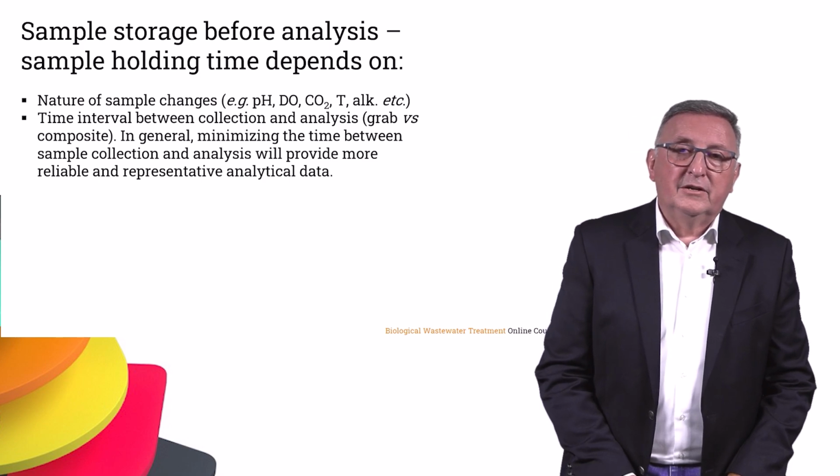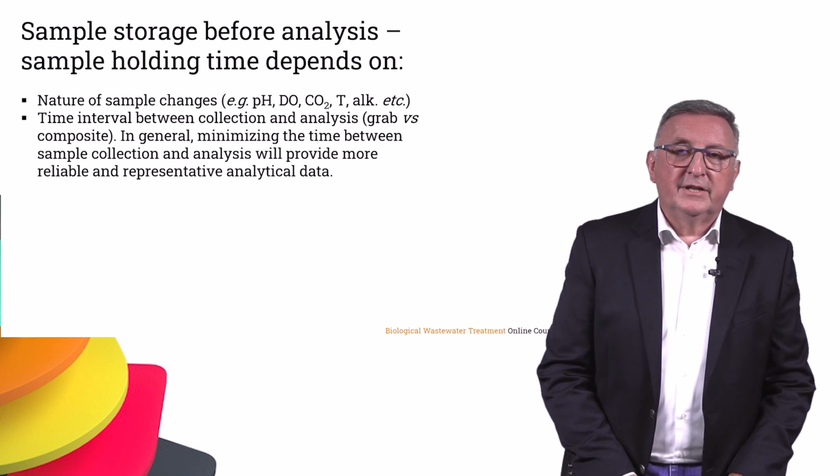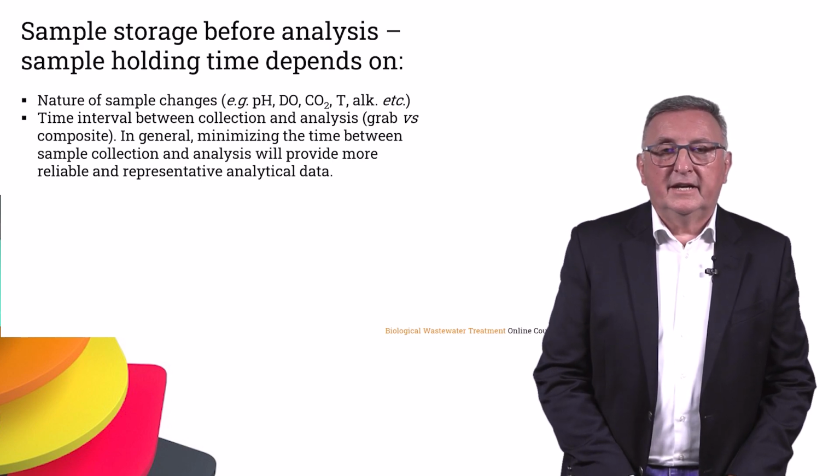So during this period, the sample should be cooled to minimize transformation processes taking place in the sample. In general, minimizing the time between sample collection and analysis will provide more reliable and representative analytical data.